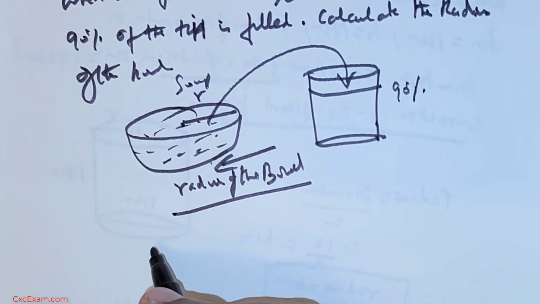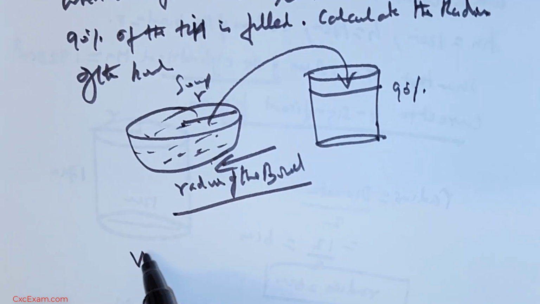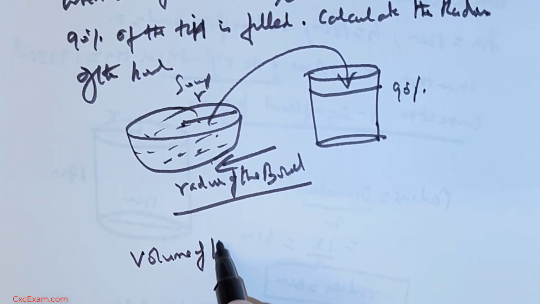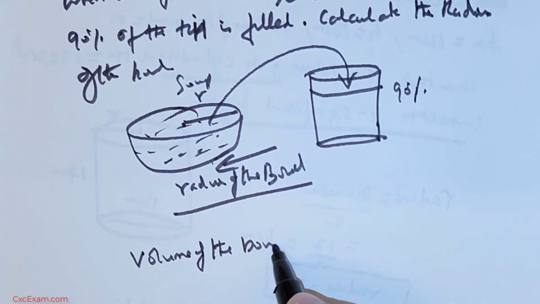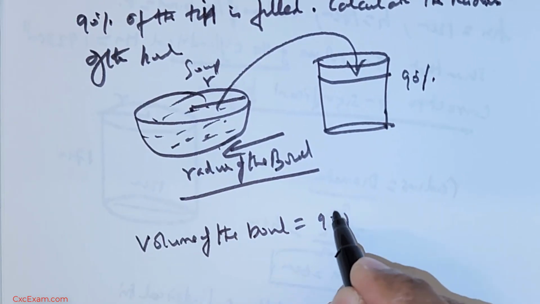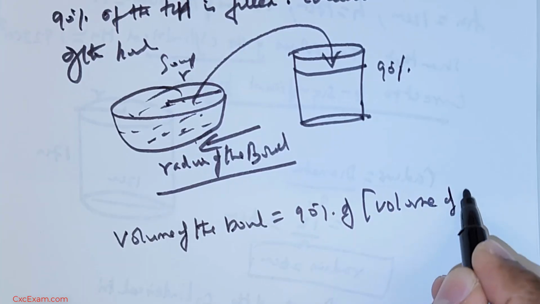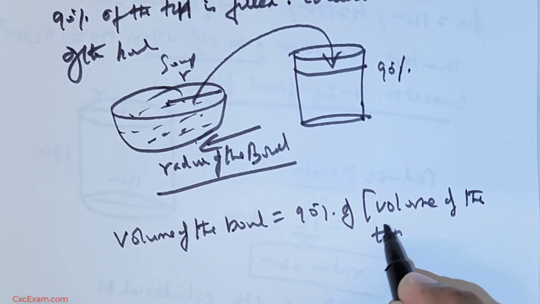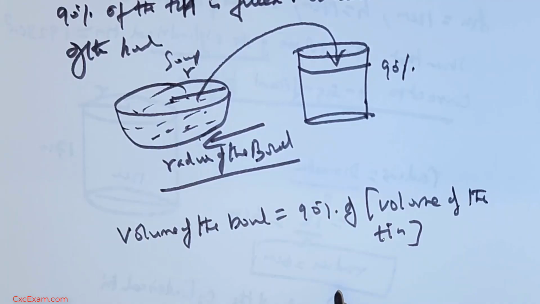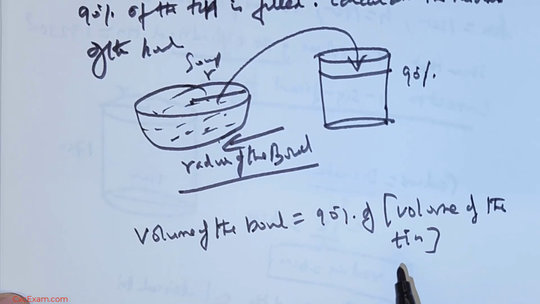So the first equation that we can write here is: volume of the bowl is equal to 90% of the volume of the tin. I'm going to just mention it as tin. It is understood that the tin is cylindrical in shape.